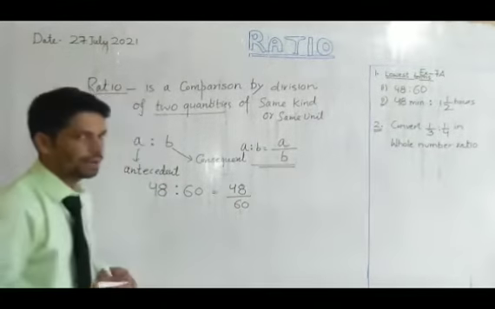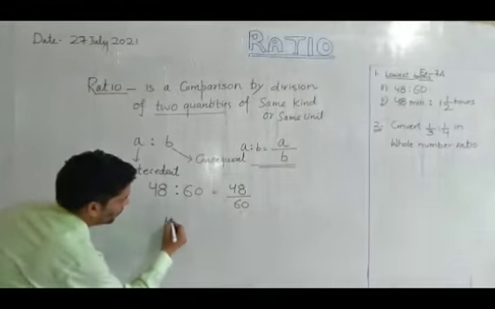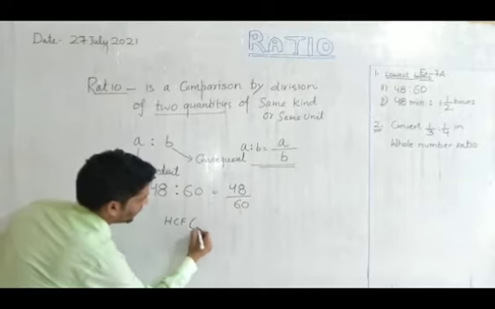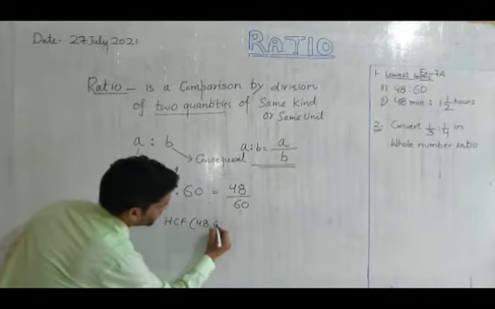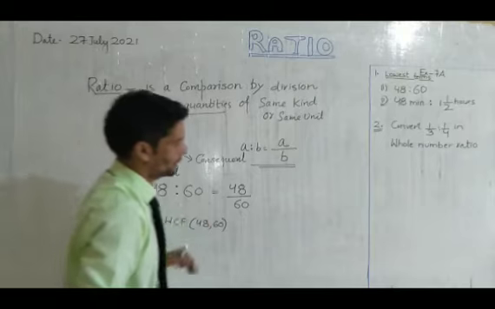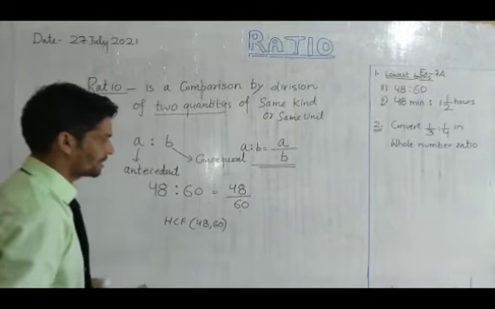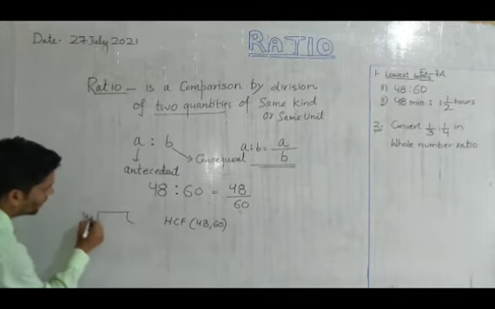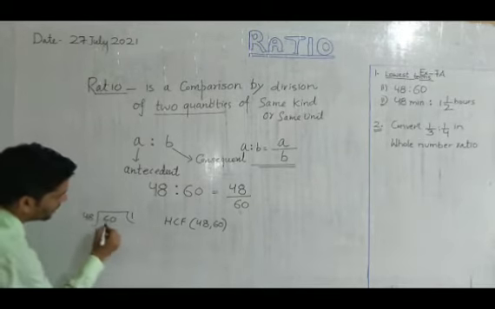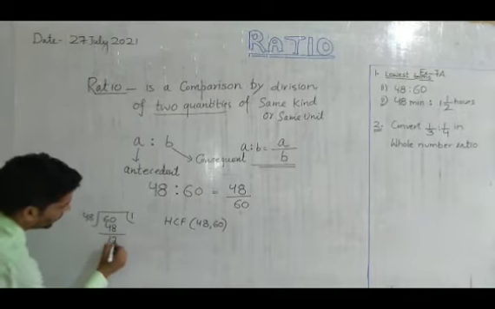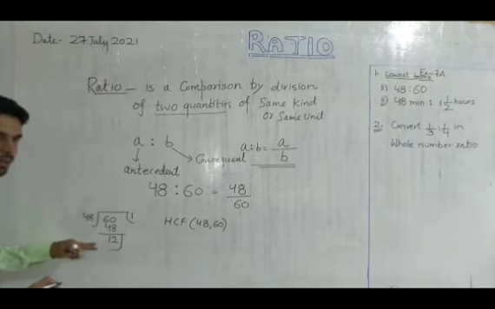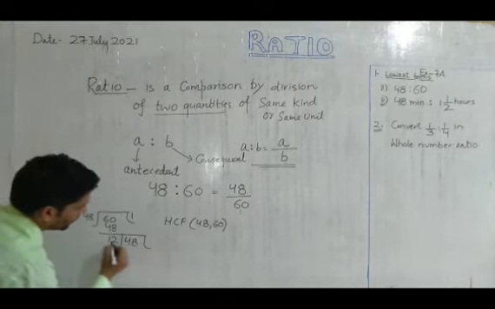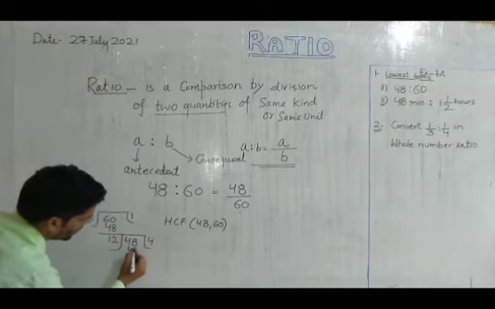So first of all we have to calculate the HCF, the highest common factor, between 48 and 60. How to calculate HCF? You know, by using the division method. 60 divided by 48, 48 once is 48, but 12 is left. So 12 becomes your divisor and 48 becomes dividend. 12 fours are 48.